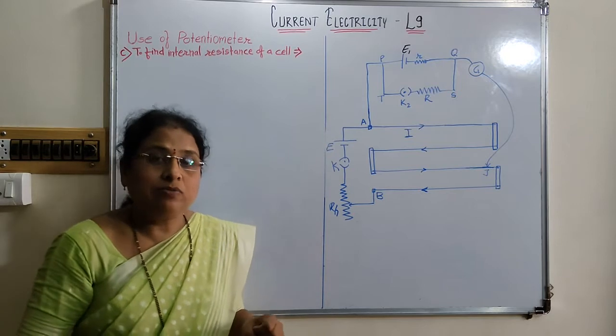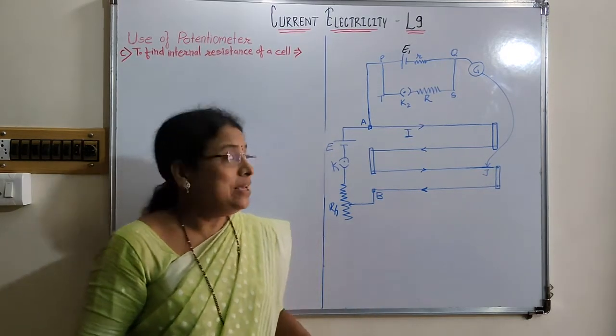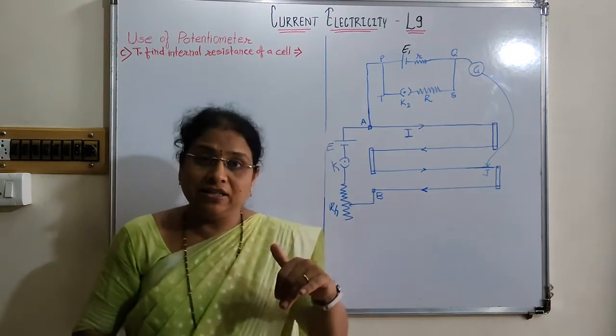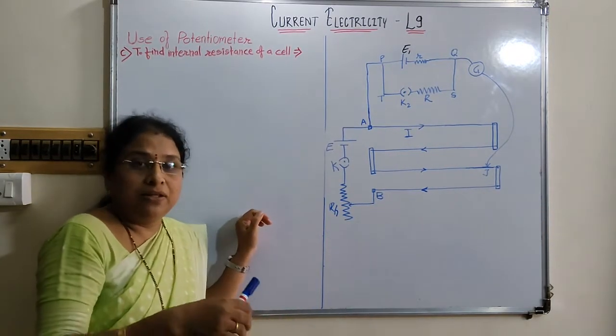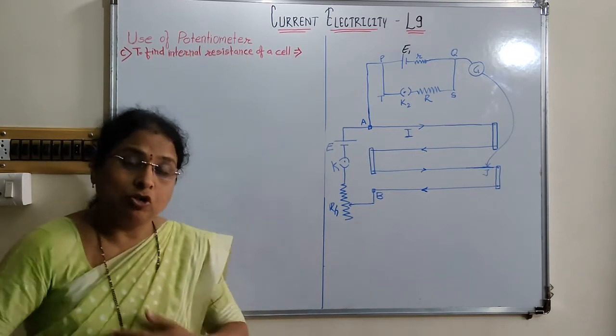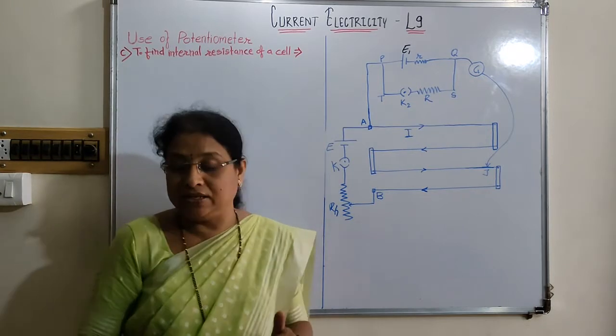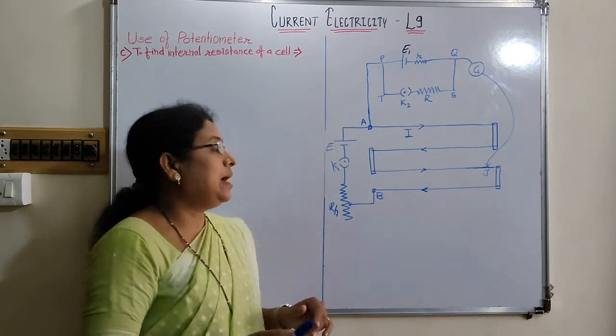The materials which have zero resistance are called superconductors. Here the cell also has some internal resistance, because when the current flows throughout the circuit, inside the cell the current finds some resistance due to the composition of the cell, and that is the internal resistance of the cell. We have to find the internal resistance r of the cell here.